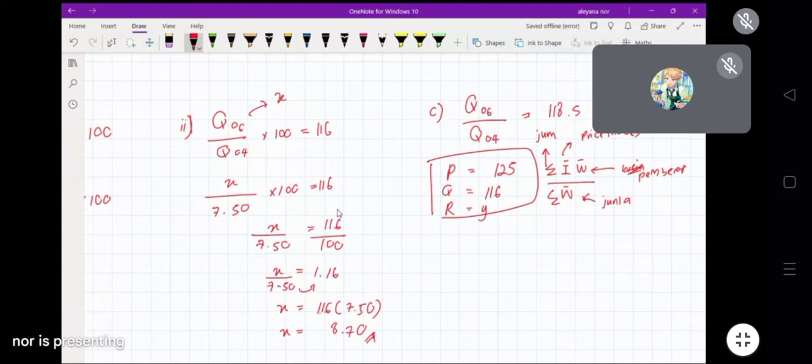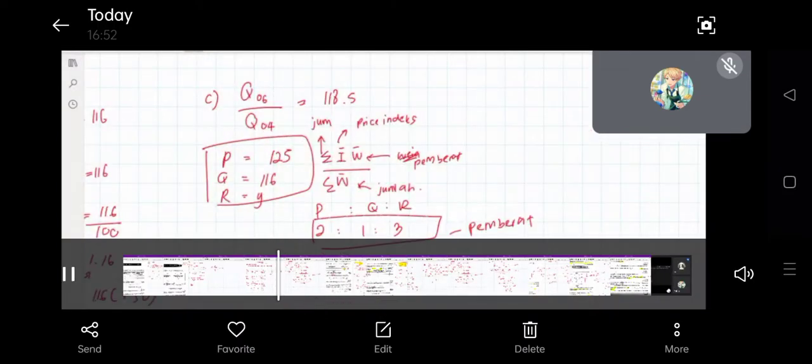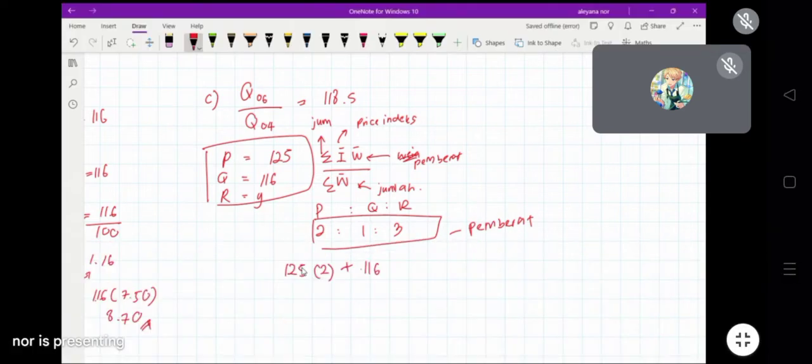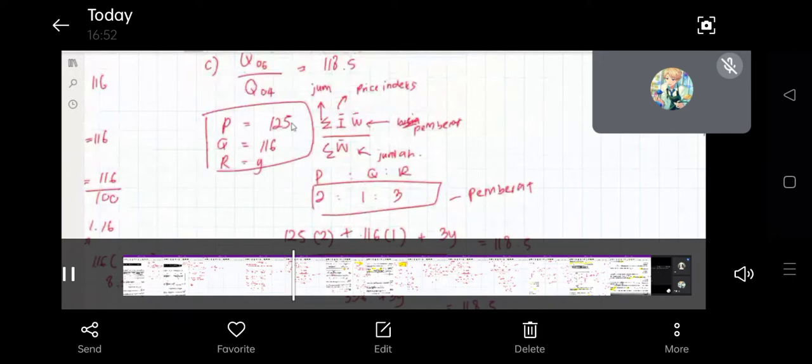I'm going to skip a bit there. She wrote this down: P equals 2, Q equals 1, R equals 3. This is basically your pemberat. You can see your ratio and you dapat. And then over here, darab. There you can see.